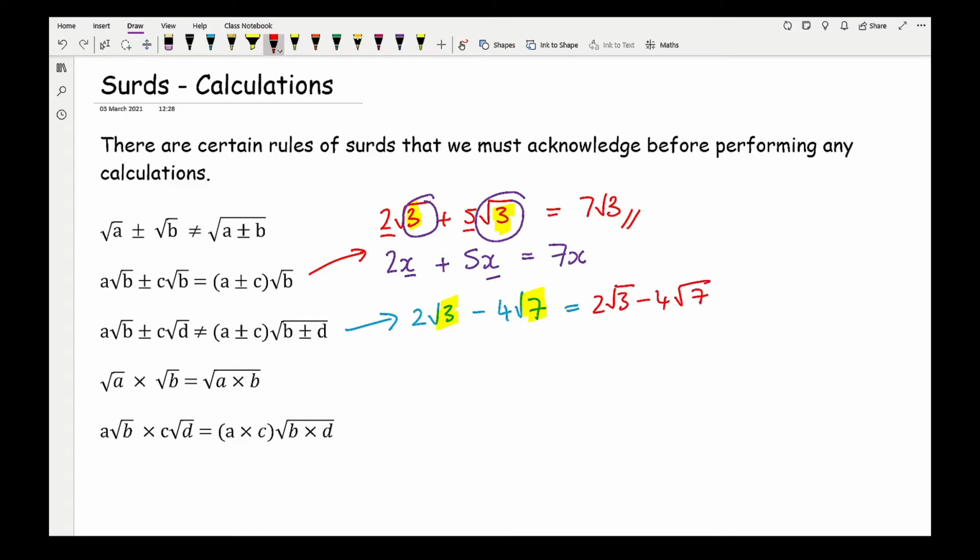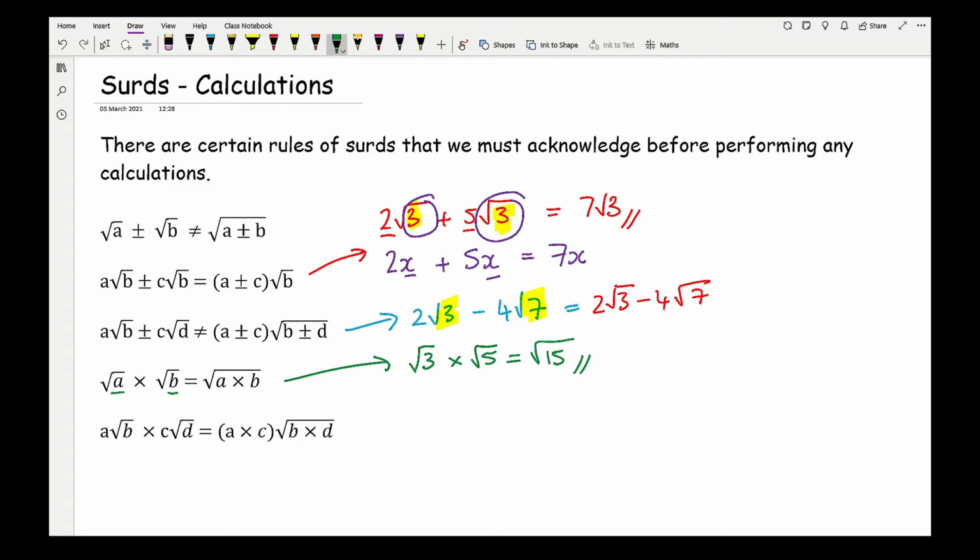Now when it moves on to multiplying, yes, we can multiply surds together. If you are multiplying surds, we can multiply the numbers inside together. So if I had root 3 times root 5, then that would equal root of 3 times 5, which is root 15.